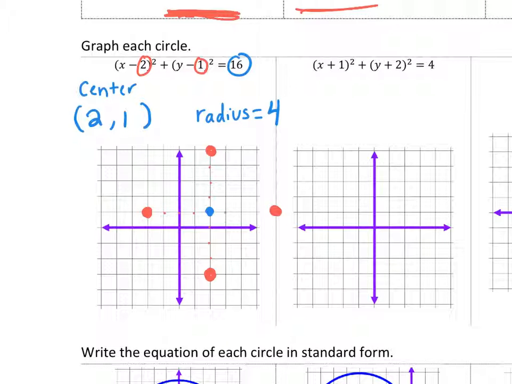There are 4 red points I made for this circle, so then I can do the best I can to draw myself a circle based on those 4 red points. So there is the circle. That's how easy it is today.